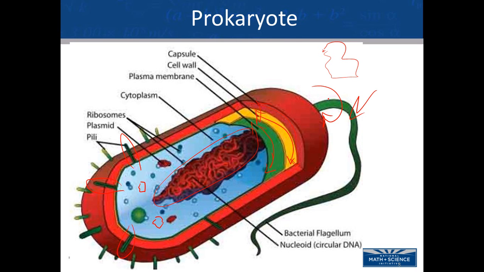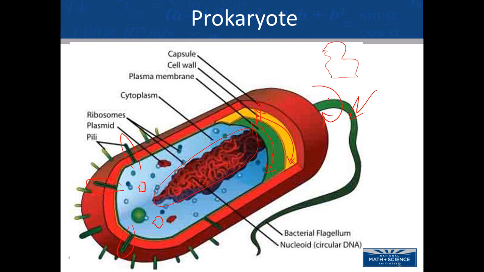If oxygen will actually poison a prokaryote, and they have to stay away from oxygen, those prokaryotes are called obligate anaerobes. And the word anaerobe means without air. Obligate means that they're obligated to stay away from the air.